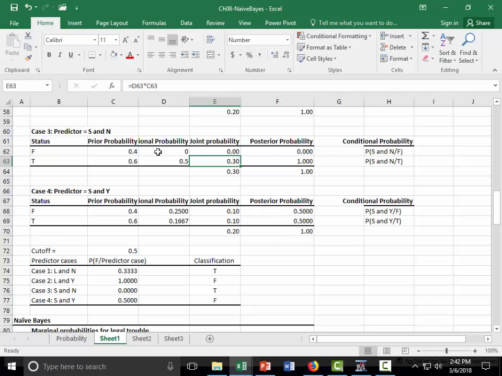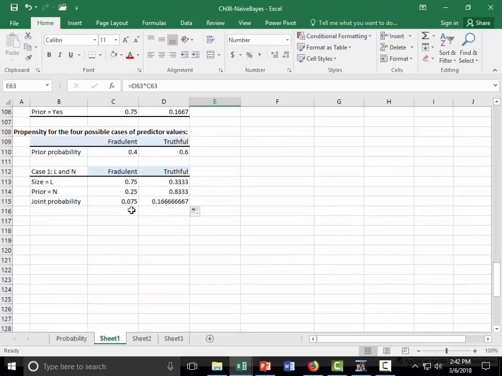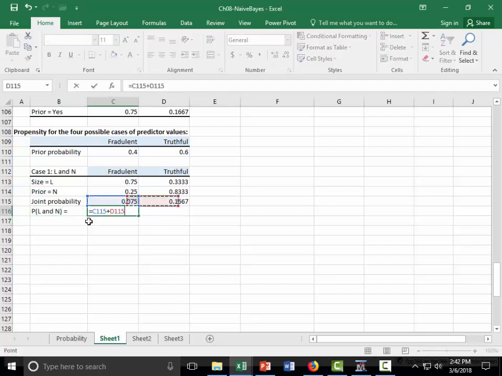Okay. So in this particular case, because only two predictors, then we had 2 and 2, whereas otherwise you'll have as many as the number of predictors. So you add these two, you get your marginal probability. So probability of L and N here will be the sum of these two. And this is not exact, okay, because it is naive, this is an approximation.